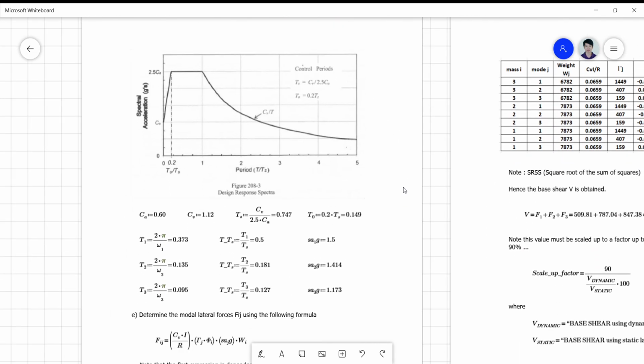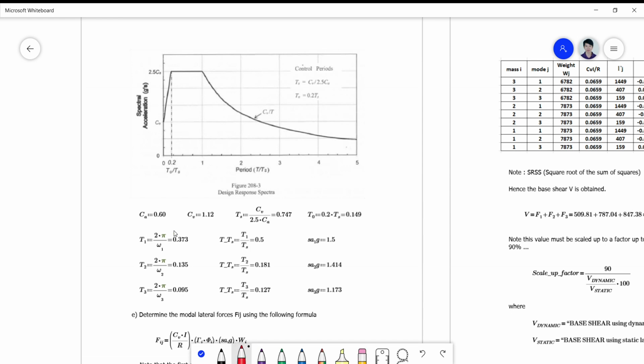Okay, so let's take a look at the control periods. If I have my CA and CV given, I can solve for TS. So TS is equal to CV over 2.5 CA. I get 0.747. And my TO is 0.20 of TS. I get 0.149. Okay. So my T1, T2, and T3 are based on the omega that I computed a while ago.